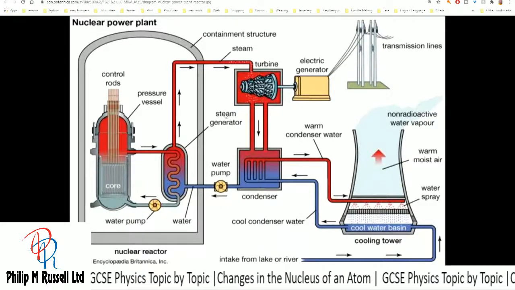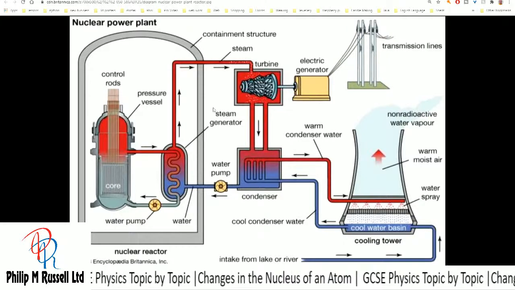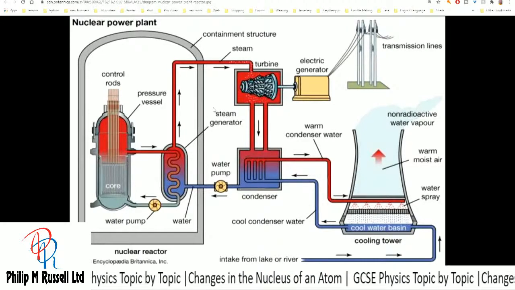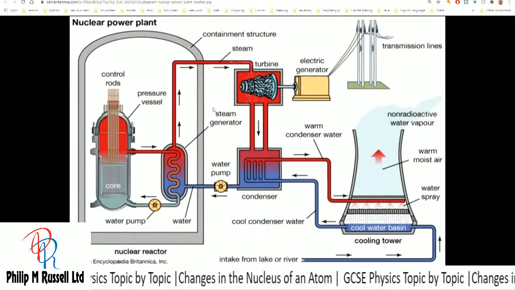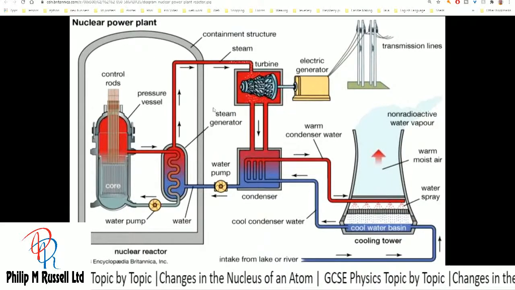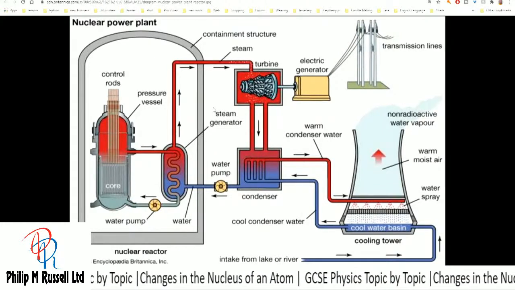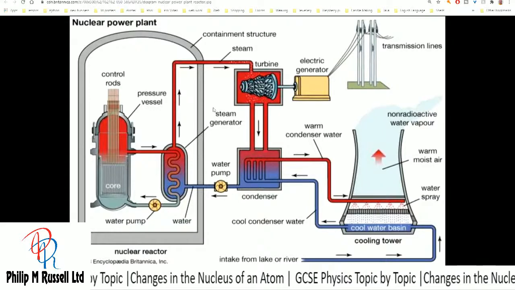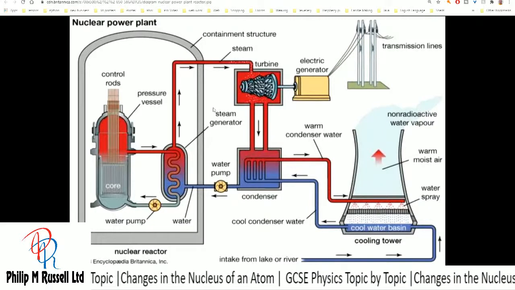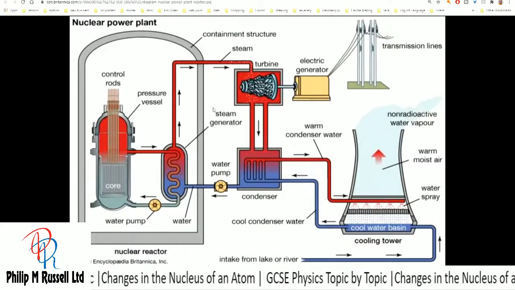A fission reactor, this one made by the Encyclopedia Britannica. It's one of the best pictures that I've seen. So hopefully there's a nice little plug for Encyclopedia Britannica. Go and have a look at it on their website and you can see their picture of a fission reactor.